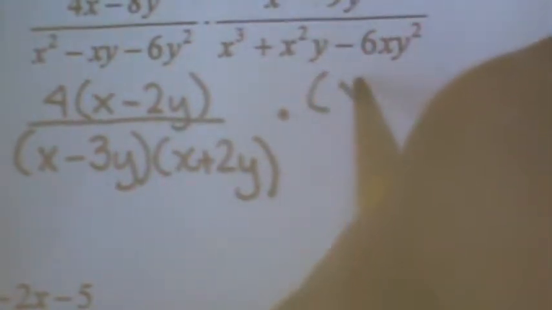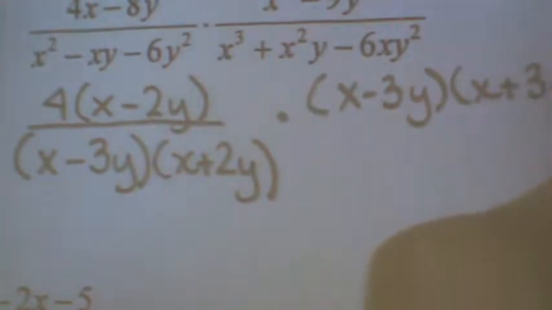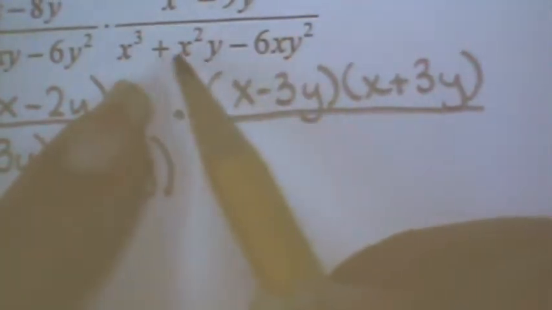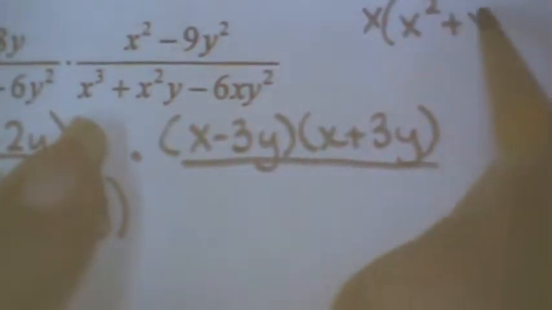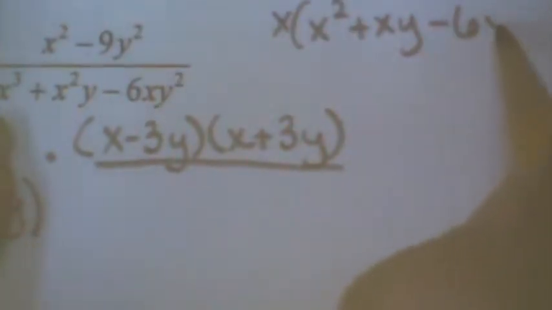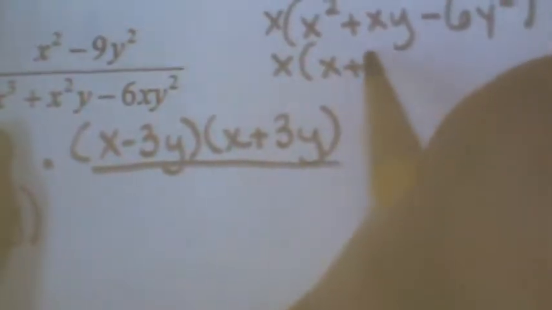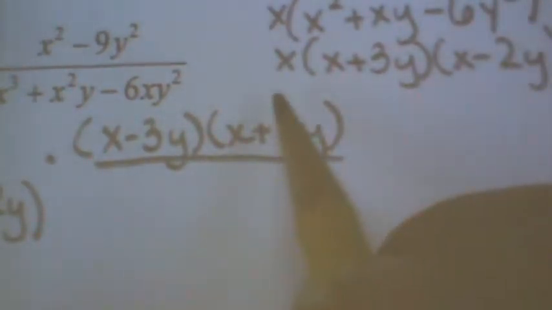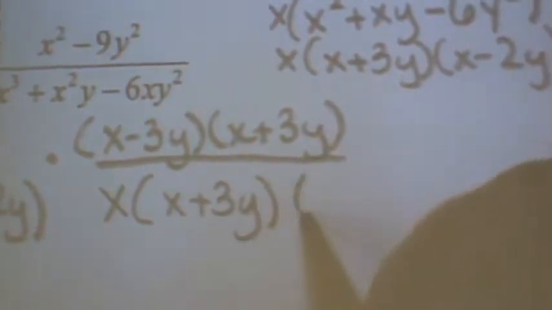So what do you have? x plus 3y and x minus 3y. Now this looks kind of funny here. Is there something you can take out? An x, let's take the x out. And now does that factor some more? Sure does. x plus 3y, x minus 2y. So that's what this is. It's x, x plus 3y, x minus 2y.